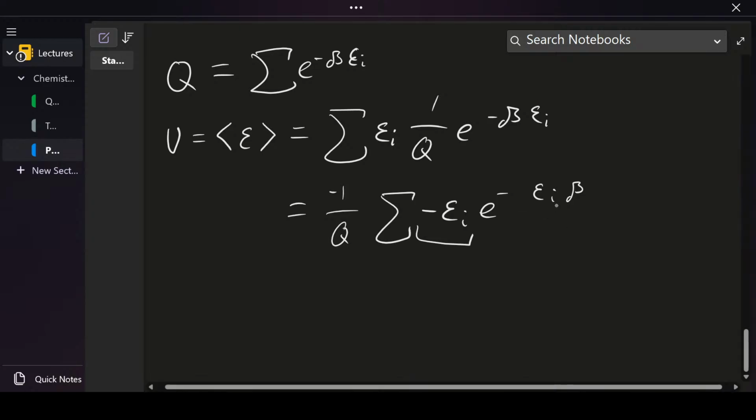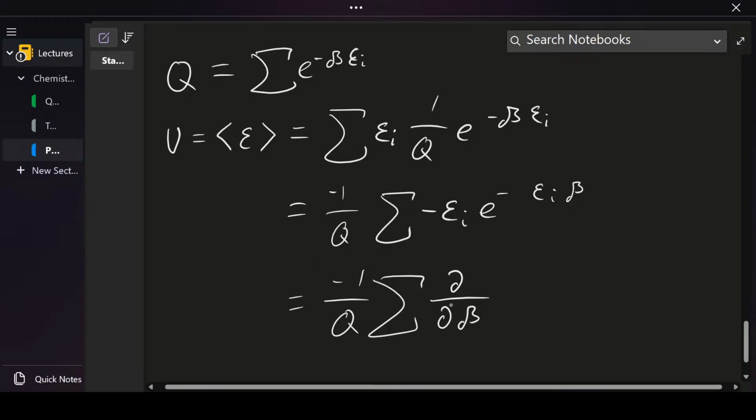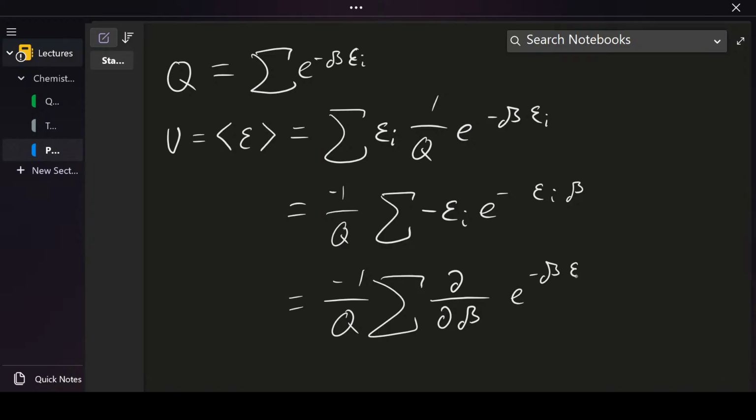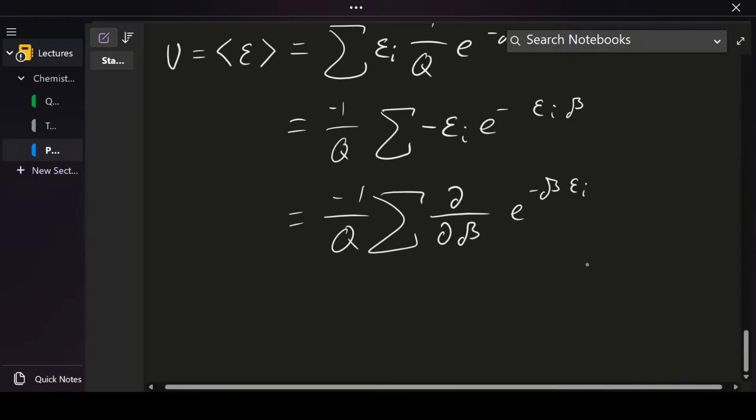And so epsilon_i is essentially a constant here, and so this is equal to the derivative with respect to beta, these should be partials, of e to the negative beta epsilon_i. And I can bring this derivative out because it's a linear operator.